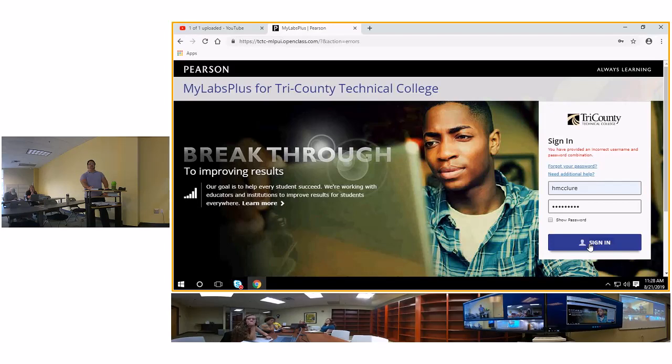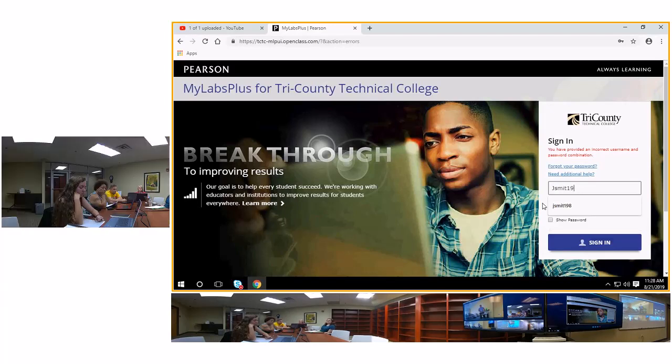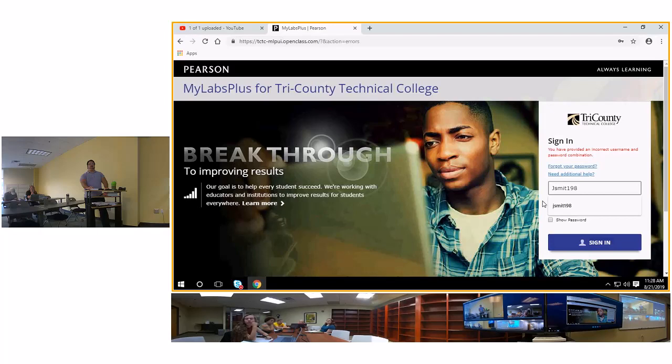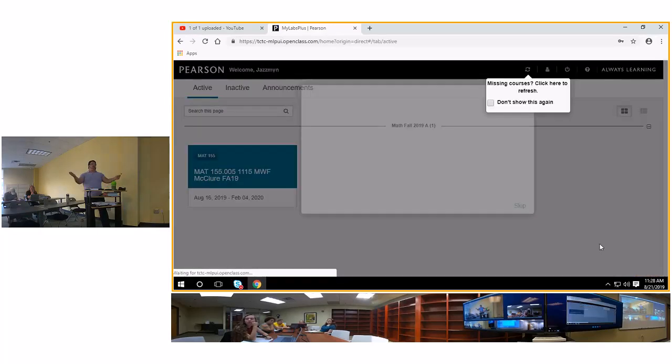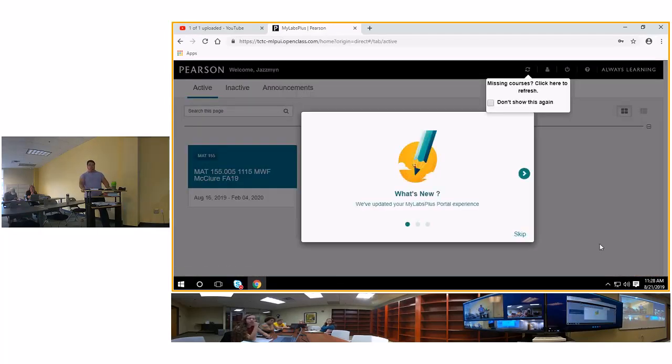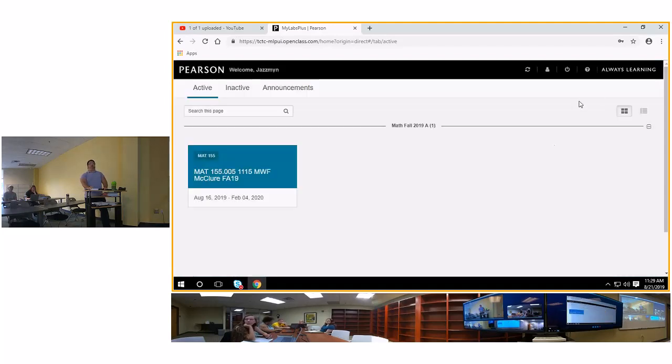Type in your username. Okay, and there, she's in. So it's either your T number or your password. I don't know why, just type in both of them, okay? And remember that little red square, make sure you right click on it.